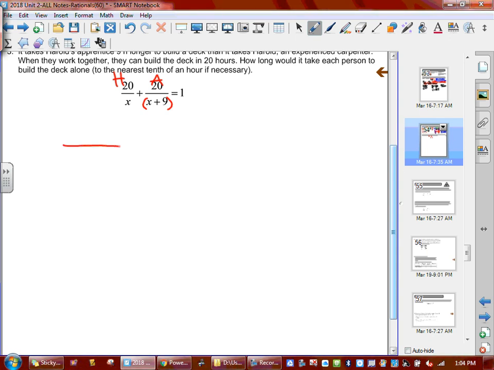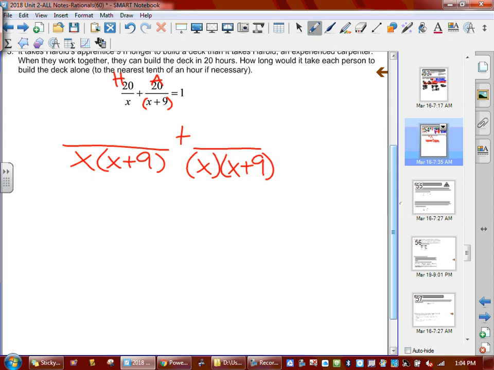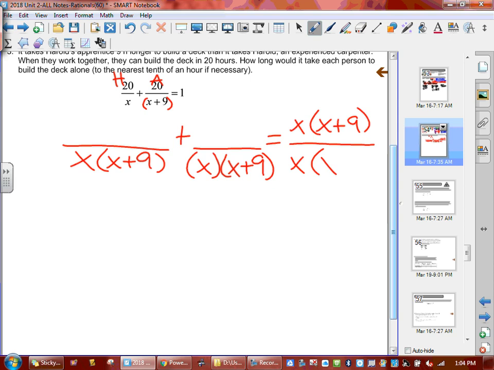So we would do this. x plus 9, plus x plus 9, equals x plus 9, all over itself, x plus 9. So we have to show that we're creating a common denominator. Okay? The 1 on the right-hand side creates the common denominator on top and bottom.